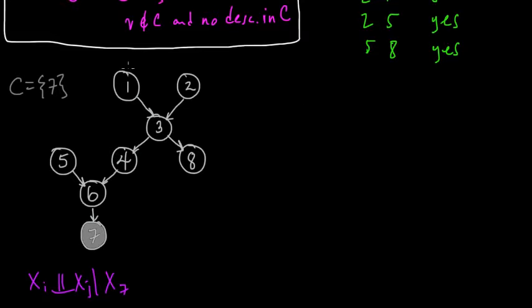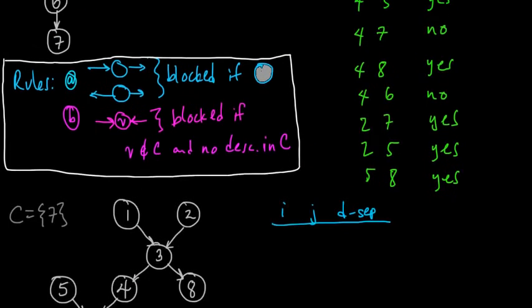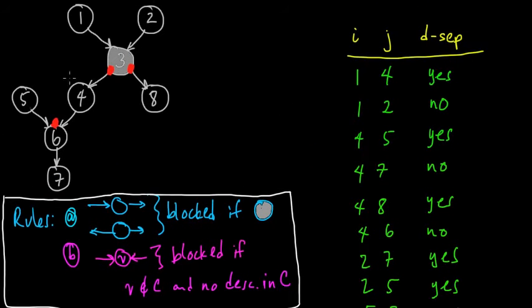So what is the chart? We've got i, j, and we want to figure out if they are d-separated. So let's see. Is anything conditionally independent given 7? Well, let's use our little rules here that we annotated this graph with, these little stop signs.